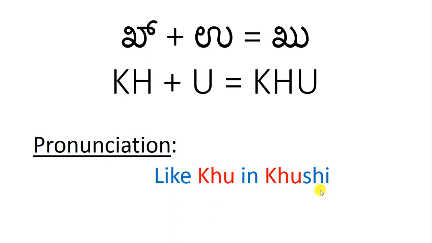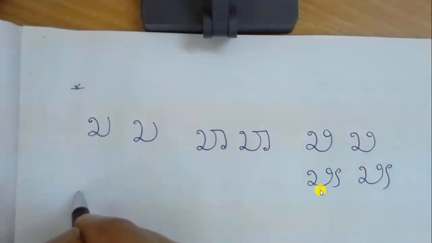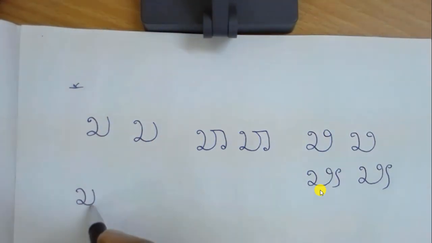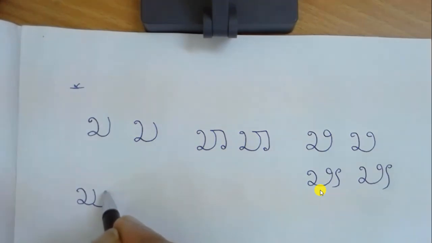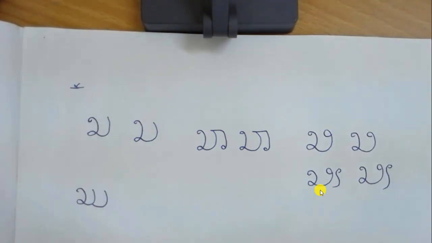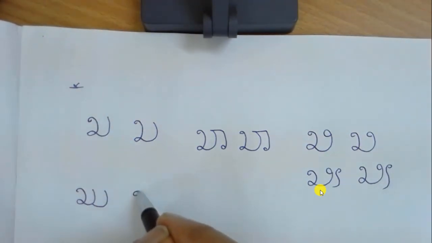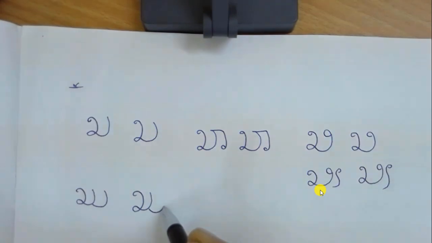Khushi. That is how you pronounce it. Now let us see how to write it. We write Khu like this. Once again, like this and like this.